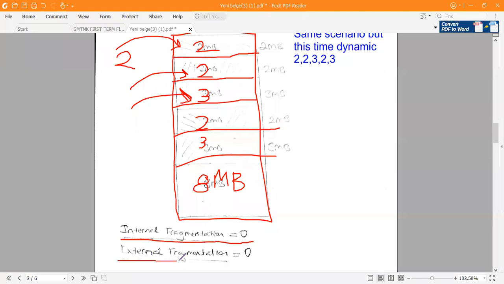External fragmentation is also 0. Maybe some of you are confused about the external fragmentation because we have some empty space here. But let me give you an extra explanation.